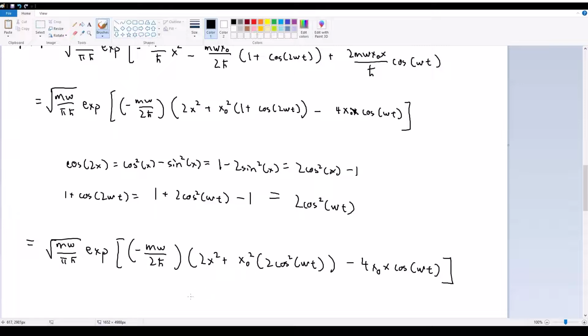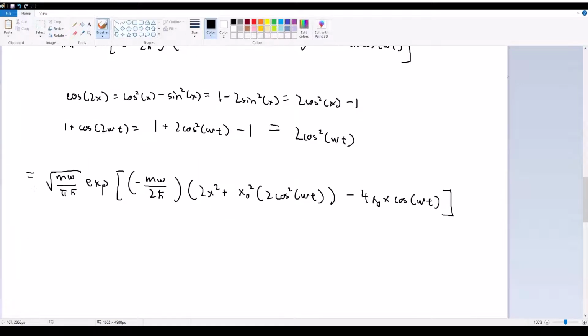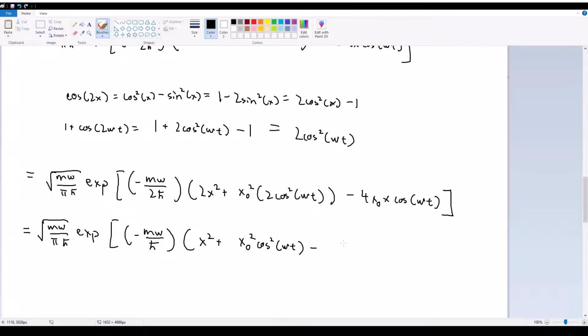And let's see, at this point, simplify this even more. Square root m omega over pi h bar exp negative m omega over h bar. And actually, I can pull the 2 back in now to get x squared plus x naught squared cosine squared omega t, minus 2 x naught x cosine of omega t.